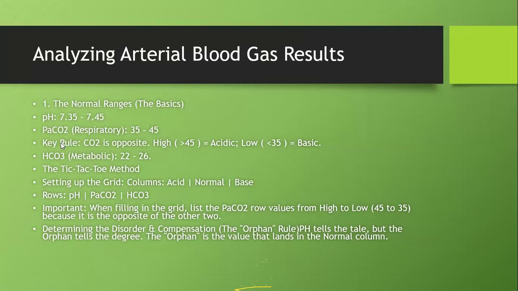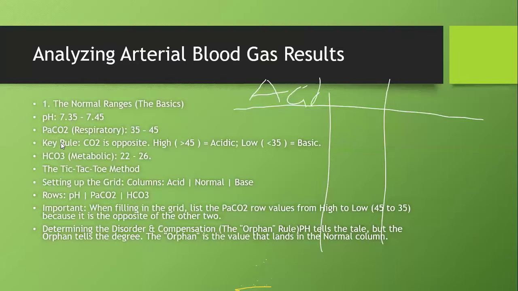We do acid here, we do normal here, and then we do base here. Acid is acidosis, base is alkalotic or alkaline, right? And so this is what we are going to do to interpret ABGs.